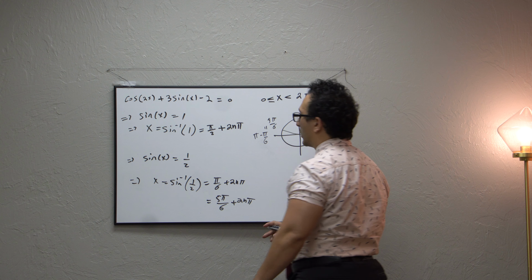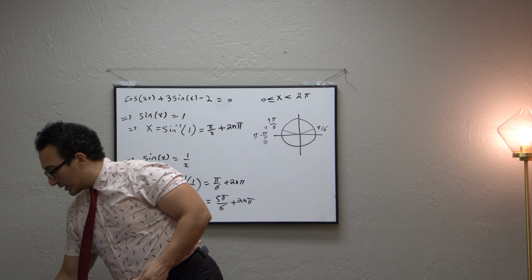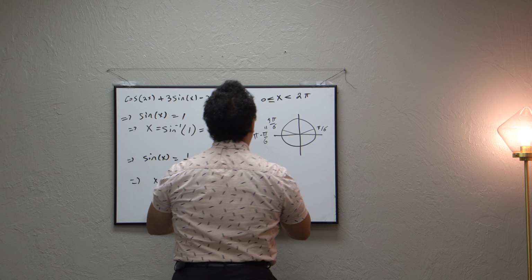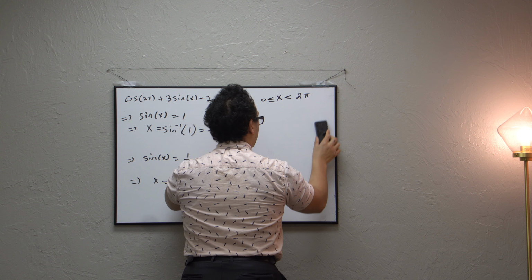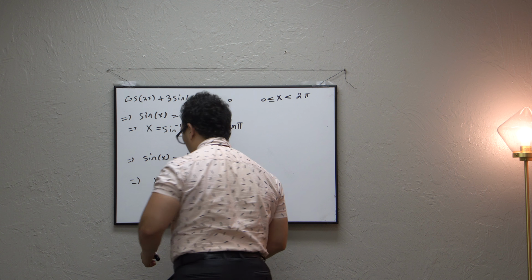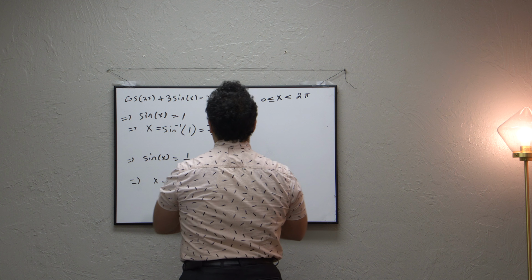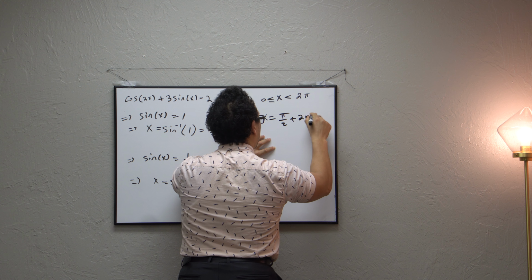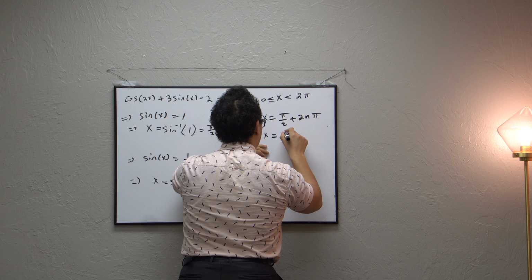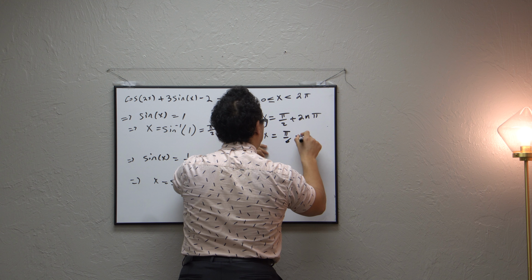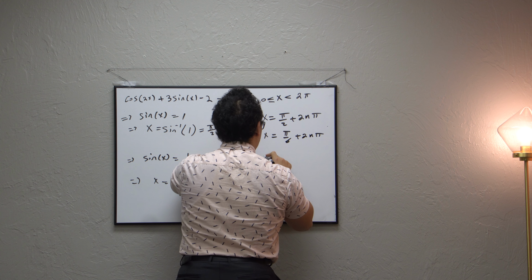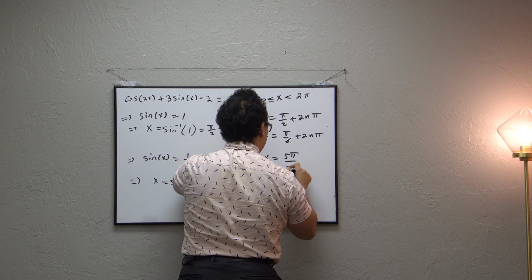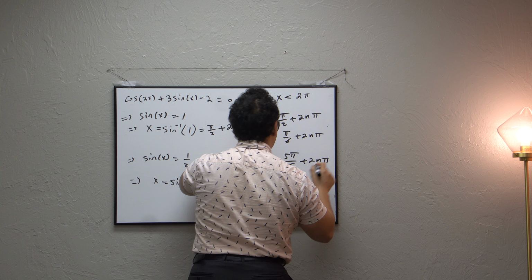Alright? So, what we have so far states that we may write down all of the known information on the right hand side. We have x is equal to pi over 2 plus 2n pi. We have x is equal to pi over 6 plus 2n pi. And we have x is equal to 5 pi over 6 plus 2n pi.